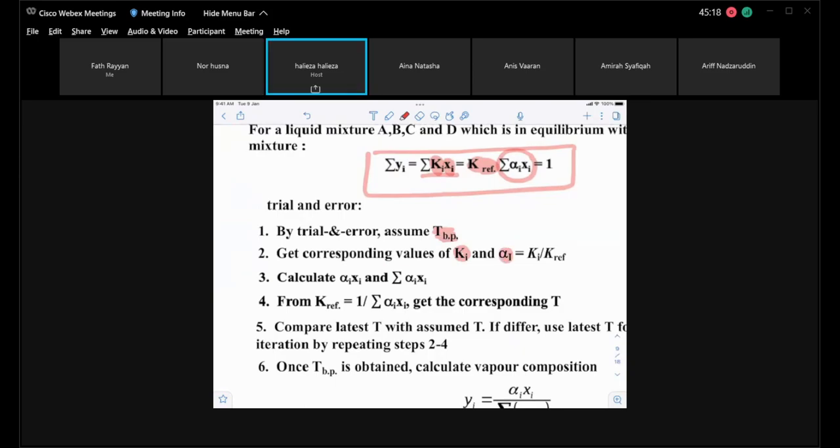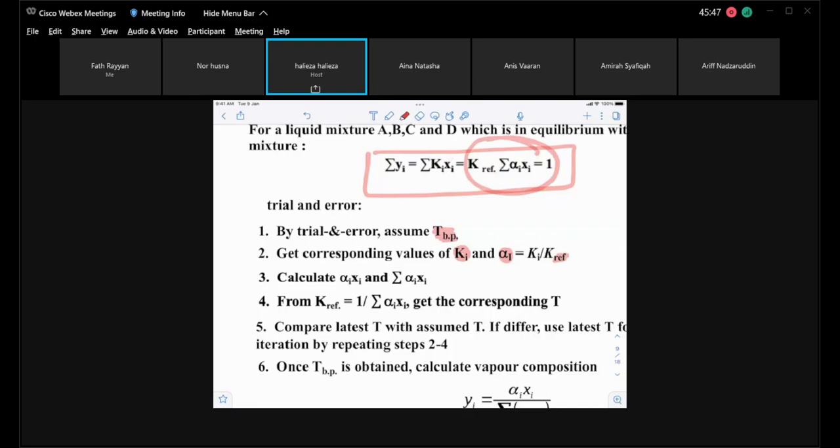You set one component as the reference, for example component C. So now what you have to do is tabulate, let me erase this first. You're going to use this part of the equation to check whether your assumption is valid.